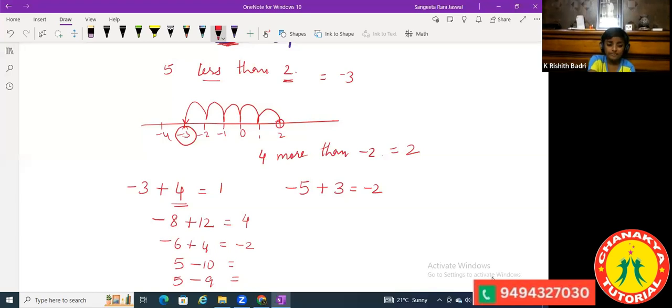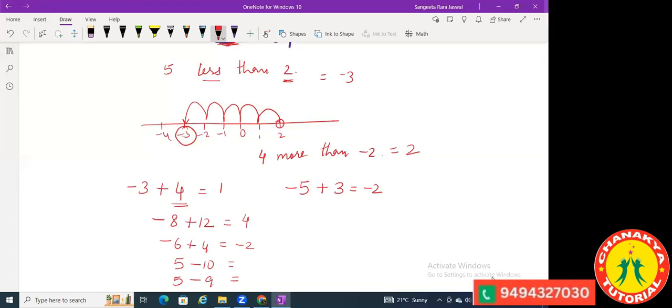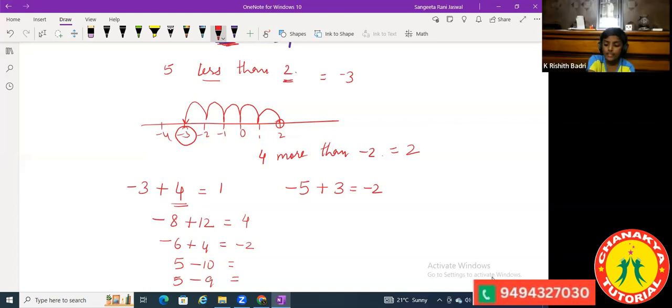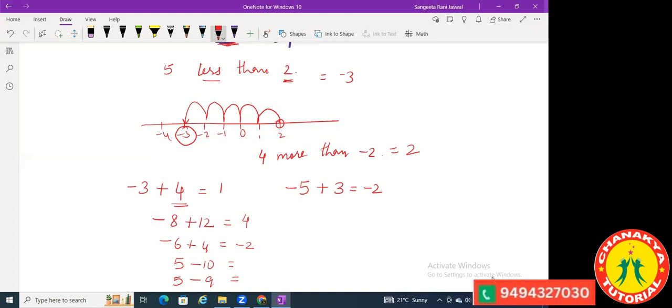But when they ask in the exam, we need to do it on a separate one. Yes, you need to do it on a separate number line. Only the plotting part you can show on one number line. Minus 5. And what about this? 5 minus 5. Ma'am, -4. Okay, minus 4. Good.